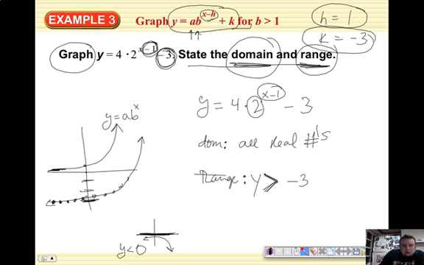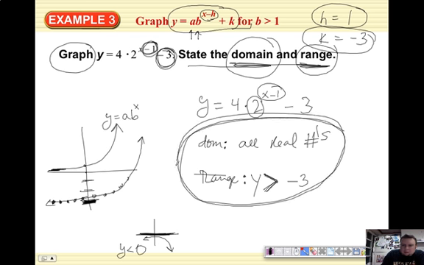No, because it never will cross negative 3. It never touches. It's an asymptote right here. The asymptote was this. Now it is this. Okay, so know how to find domain and range. It's not too bad, but it takes a few to get used to. Okay, there you go. Example 3 done.